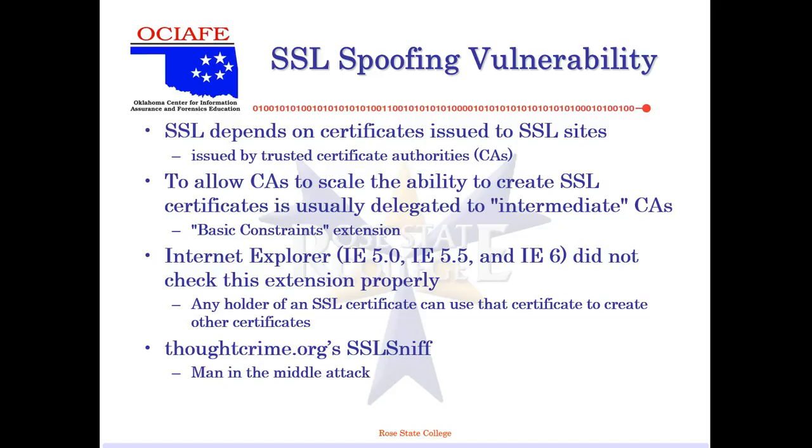So you have a lower-level CA that's doing this, and so that's really some vulnerabilities. Now, IE did not check those extensions properly. Therefore, in IE5 to IE6, it was fixed in 7, so you haven't had this problem since, but it becomes a pretty serious problem.